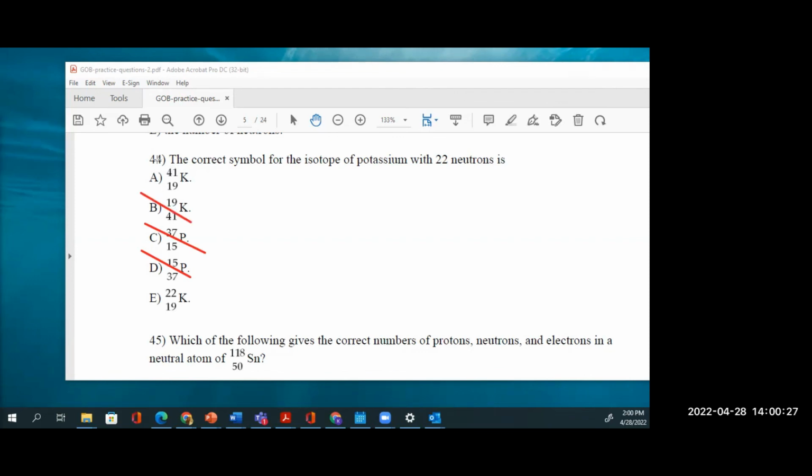And the mass, if we added 22 neutrons to 19, does that equal 41? Yeah. So then we know that this one is wrong. So the correct answer is A.